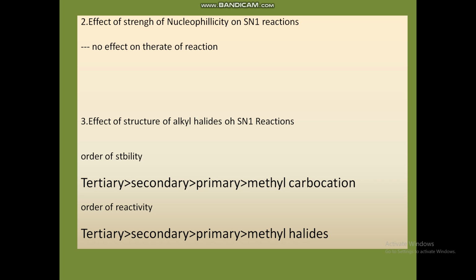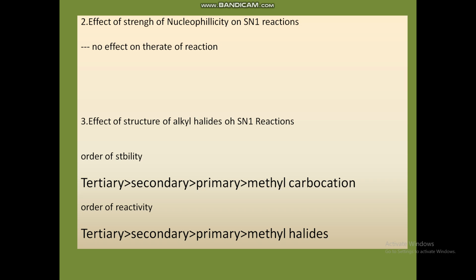The order of stability of carbocations is tertiary, then secondary, then primary, then methyl. Tertiary is the most stable, secondary is lesser, and so on.